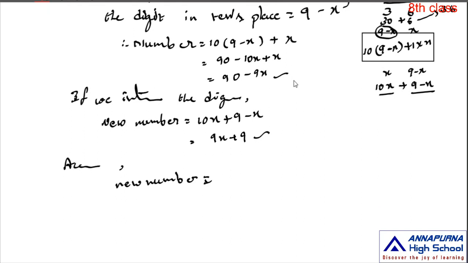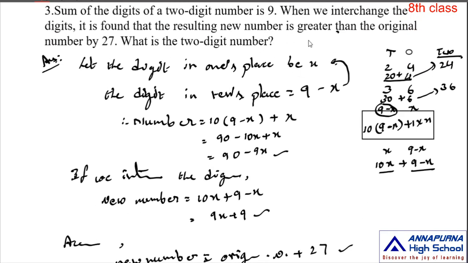Means that this new number is 27 more than the original number. Means it is equal to original number plus 27. Okay, so this is the mathematical equation for presenting this sentence.